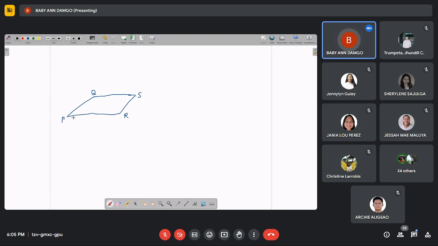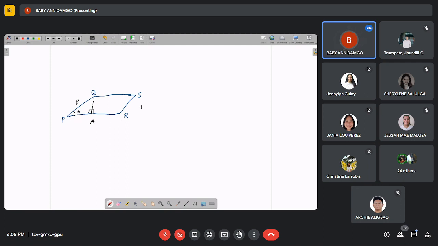From here, for PR, we let this be the vector A, and then PQ, we let this be the vector B, and this is our angle between A and B. This is the theta. And then we can form an altitude. So from here, we can form a right triangle.